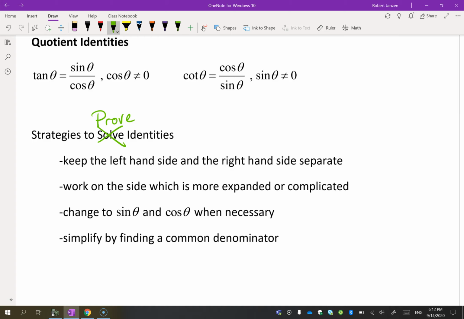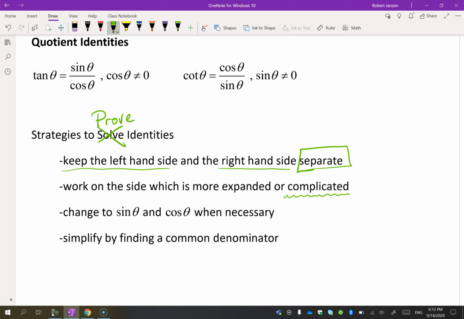So to do that, you have to keep the left-hand side and the right-hand side separate. You'll see we'll give you examples of that. You have to work on the side which seems more complicated. In other words, there's more to work with. Sometimes you're going to use identities, like you want to change tan to sine over cos.